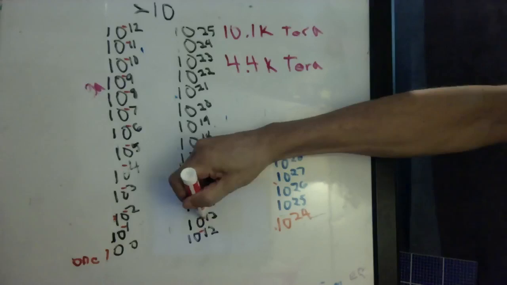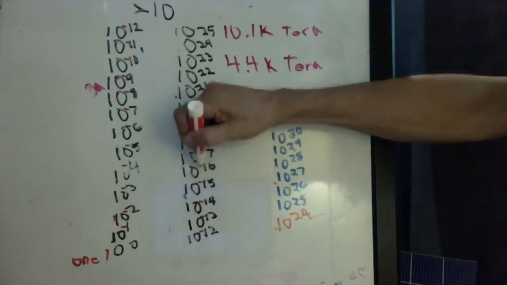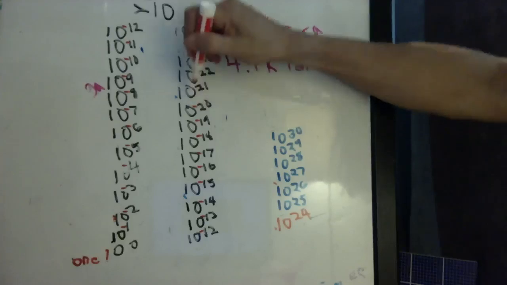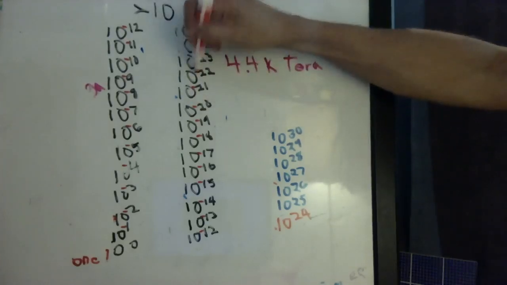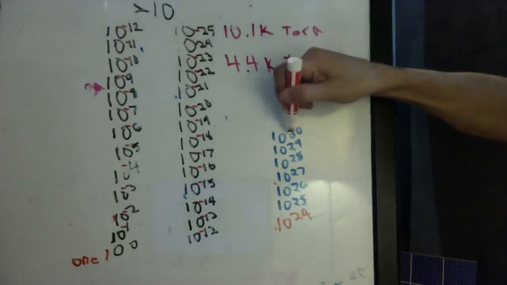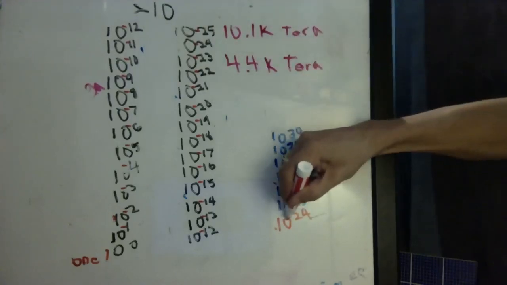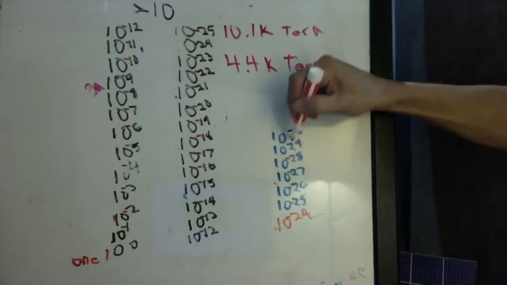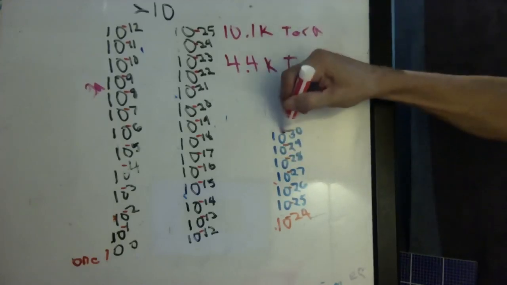What's that? That's a negative sign. That says -21, -22, -23, -24, -25, -26, -27, -28, -29, -30. Look at those ugly symbols right there.